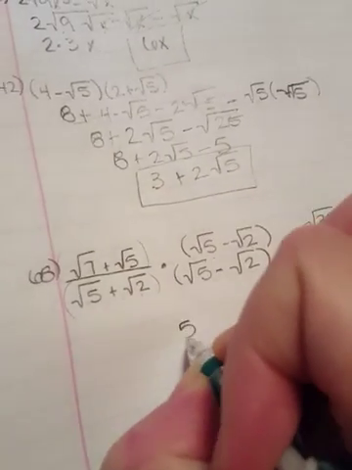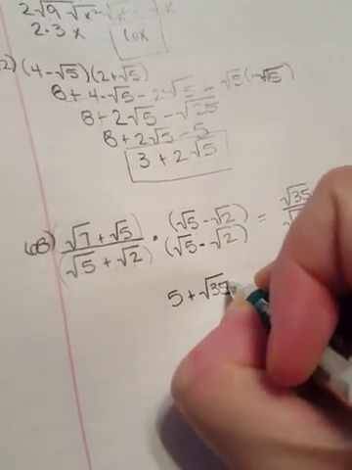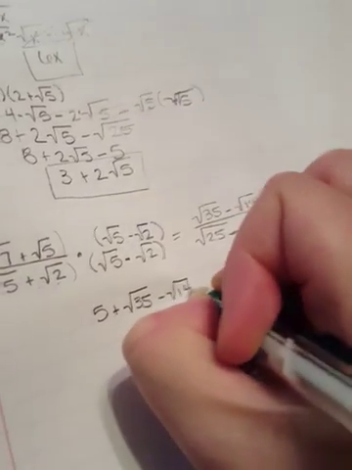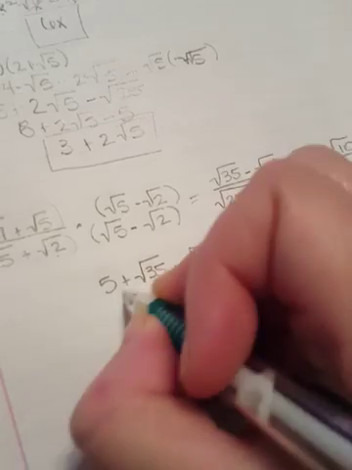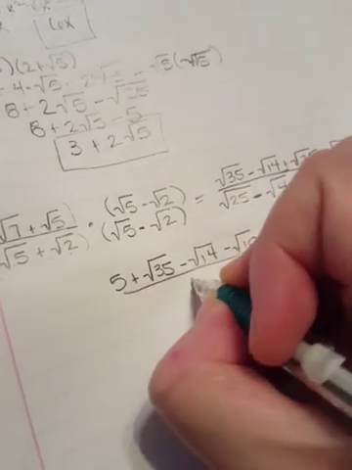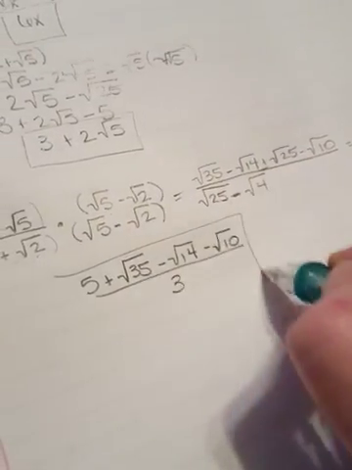So our answer will end up being 5 plus the square root of 35 minus the square root of 14 minus the square root of 10 over 3, because 5 minus 2 is 3. And that's our final answer.